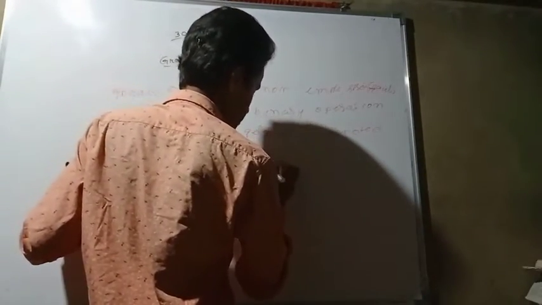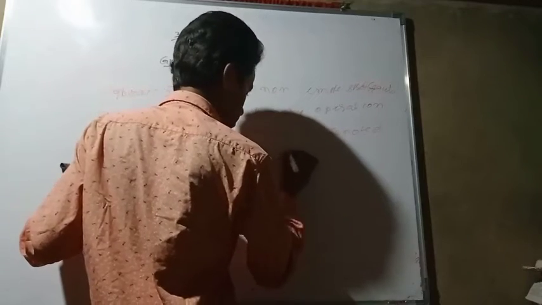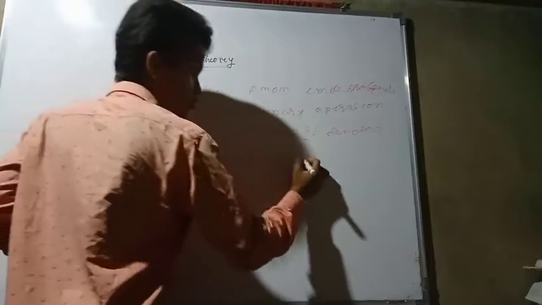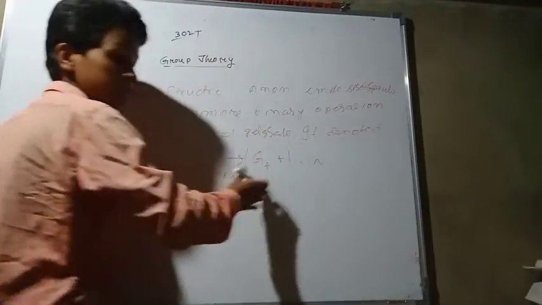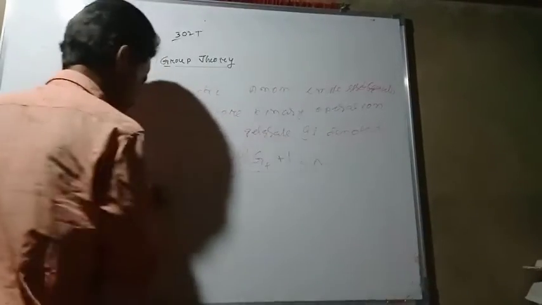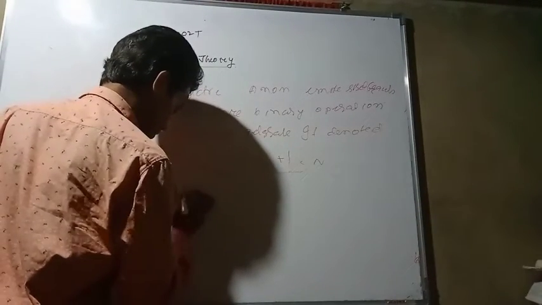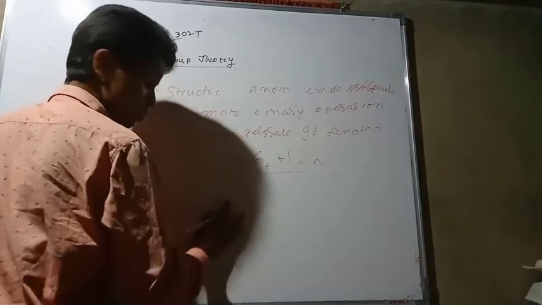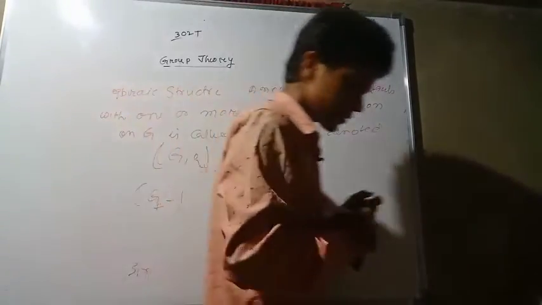For example, we have the algebraic structure on the natural numbers. This is the notation. There is another notation, G minus, for the natural numbers. So that is our notation.